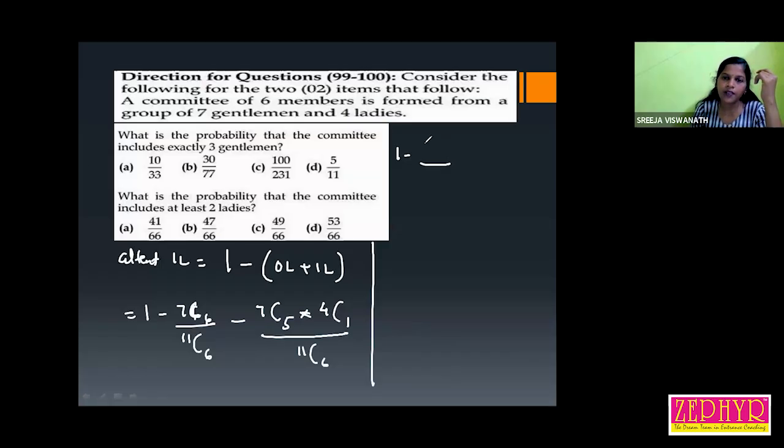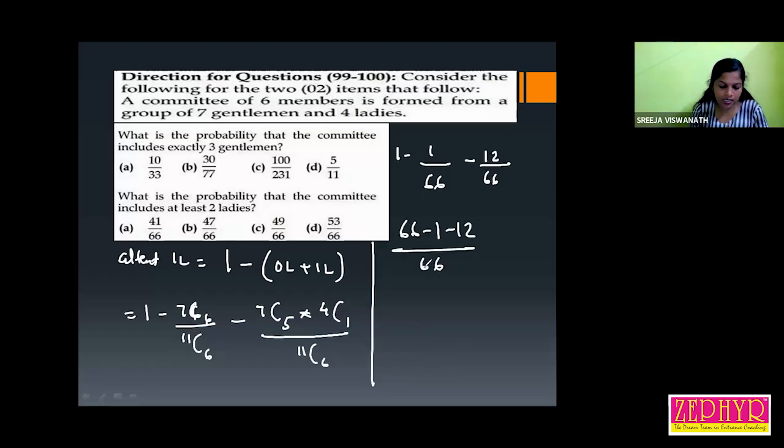We can solve. Finally, we get 1 by 66 here. And second one, we get 12 by 66. 1 minus 1 by 66 and minus 12 by 66. So here the answer, 66 minus 1 minus 12 by 66. That is 53 by 66.